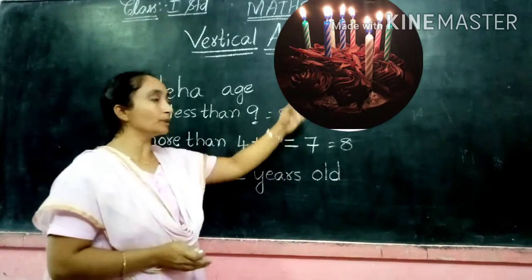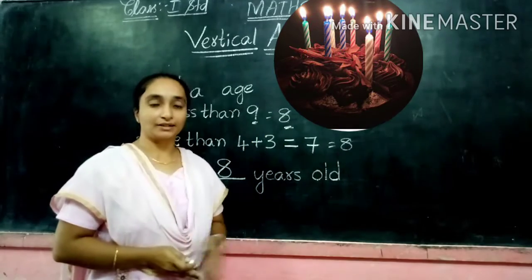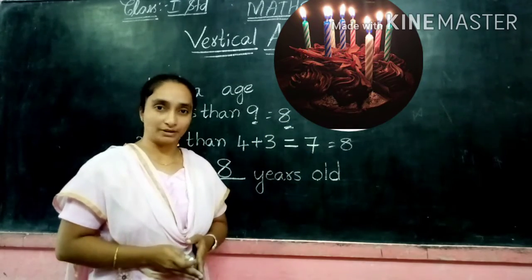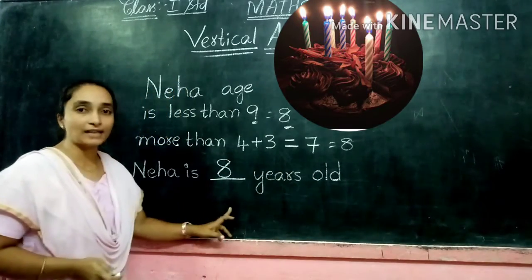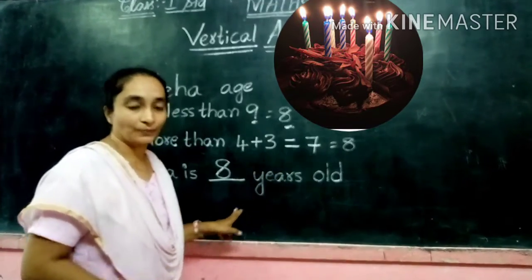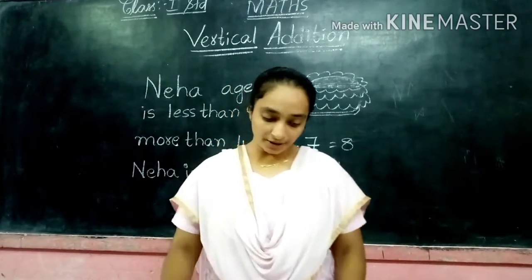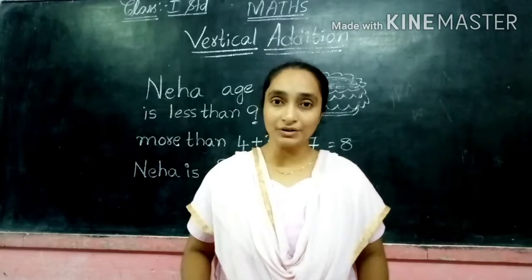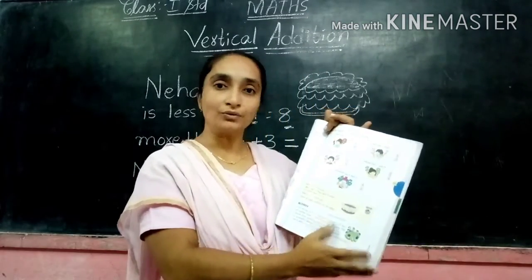So we have to keep 8 candles on her birthday cake. Here is the answer, 8. Now Neha is actually 8 years old. So here we have completed our page number, sorry, 101, textbook page number 101.